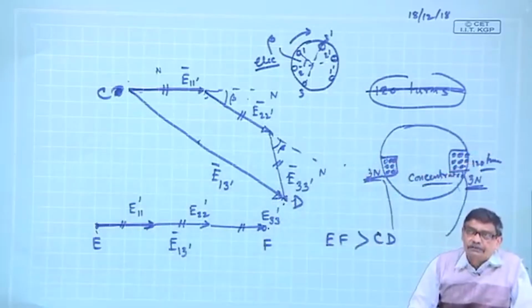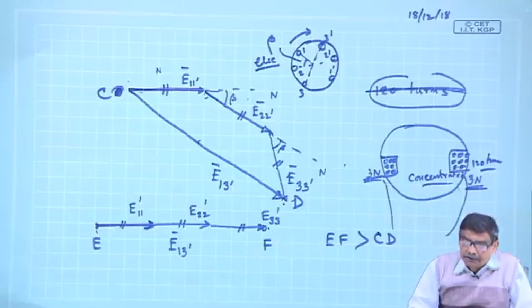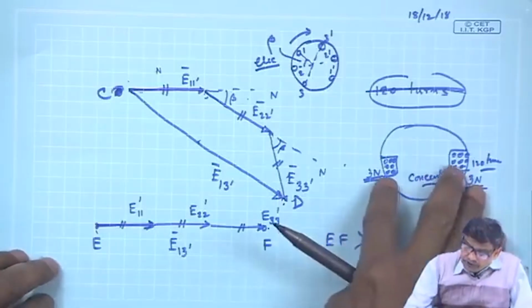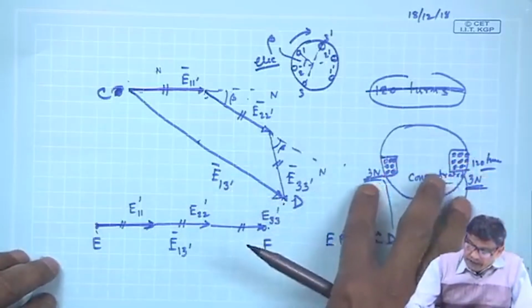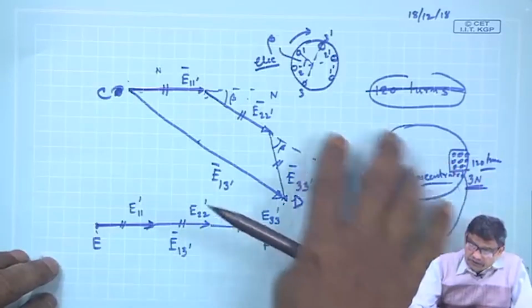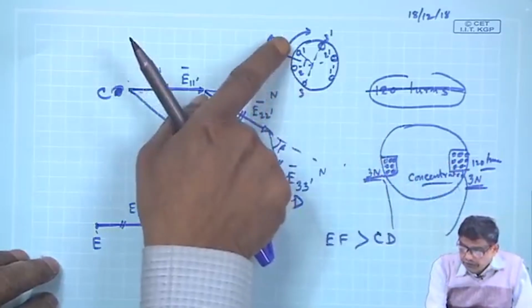Space available in a particular slot is not infinite. Therefore, you have to distribute the coils.